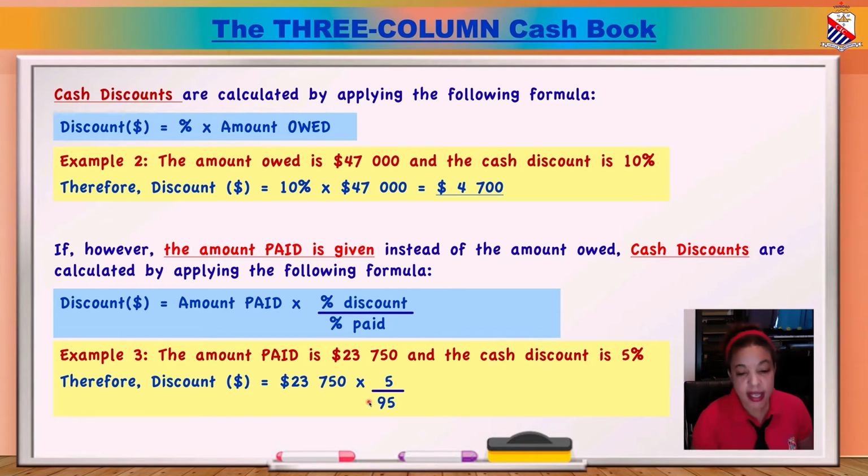Easy as that. If it were 3, it would be 3 over 97. If it were 20, it would be 20 over 80. Hope you got it. That's as easy.